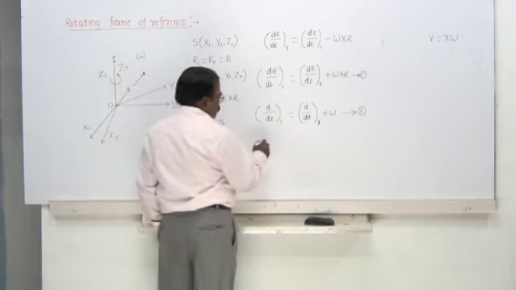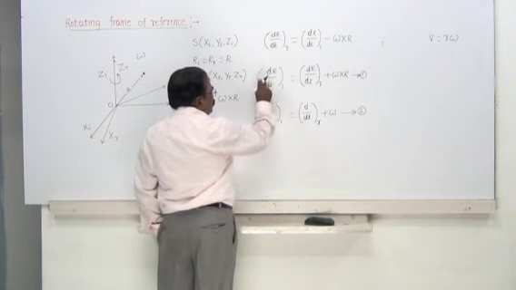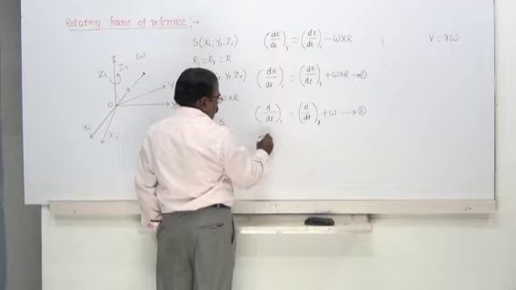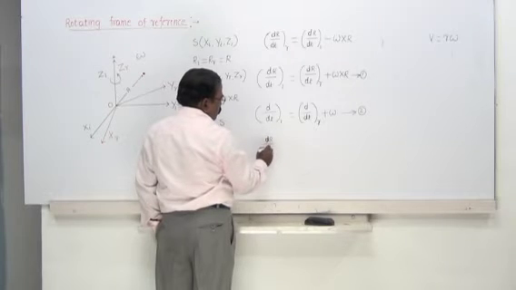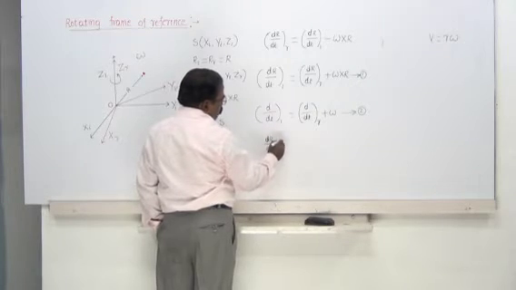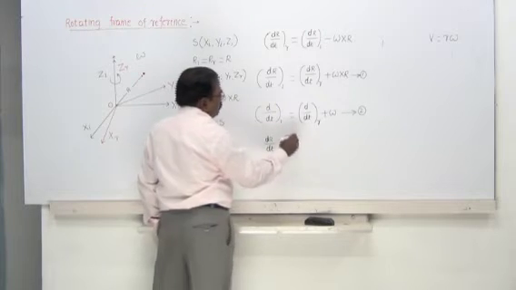And in equation 1, this is the velocity. You know that dr upon dt is what? Your velocity.